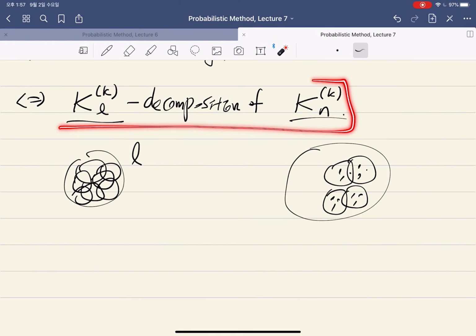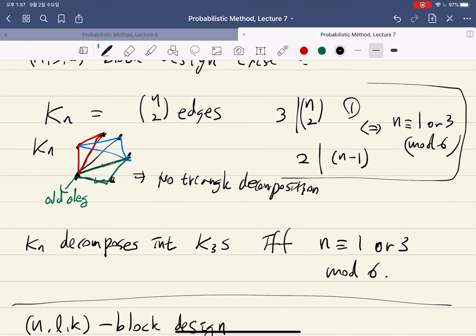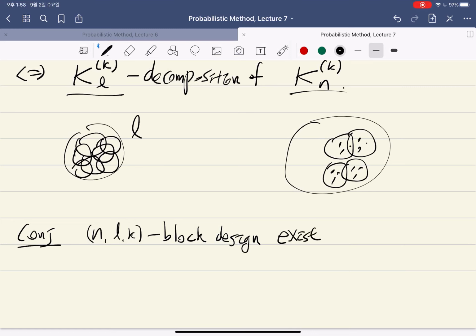So we can ask whether this holds. Again, similarly as before, we can check some necessary divisibility conditions. And it's been conjectured that an (n, l, k) block design exists if and only if the divisibility condition holds.